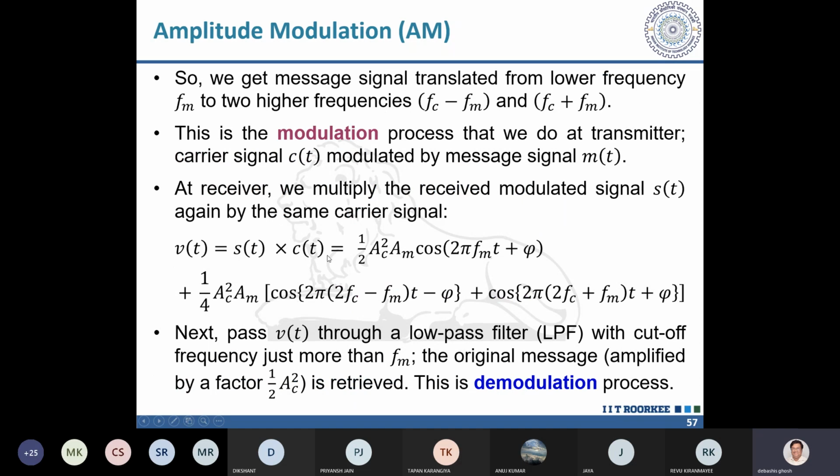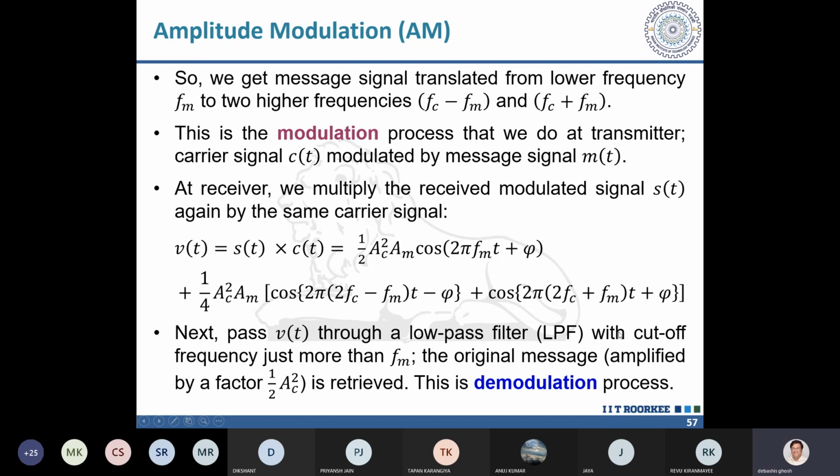So this c(t) has to be generated in a local oscillator, so I have to pay money for the local oscillator. I have to do this multiplication, which will be done in a multiplier, which is also called a mixer. Again, I have to pay money for that circuit. Okay. Then I have to pass it through a low pass filter.